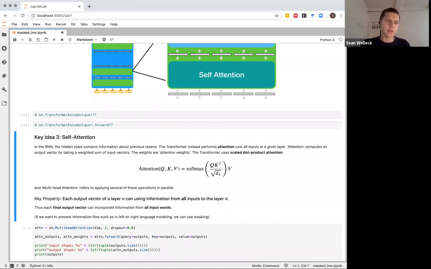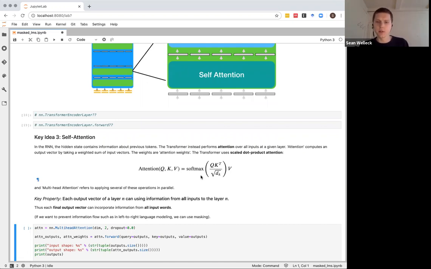Here's a formula for it. If you remember back, there are 3 different items that are used: the queries, the keys, and the values.